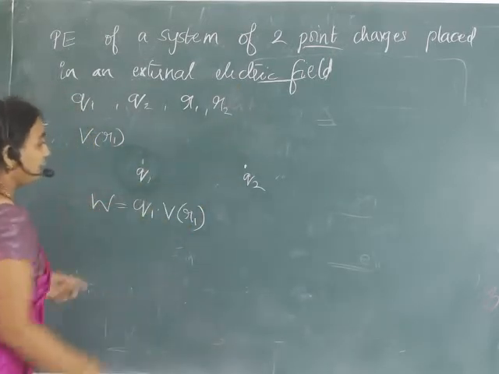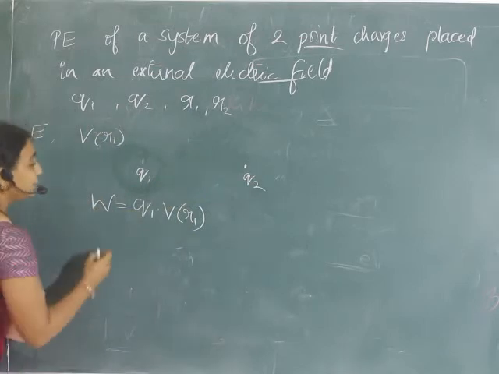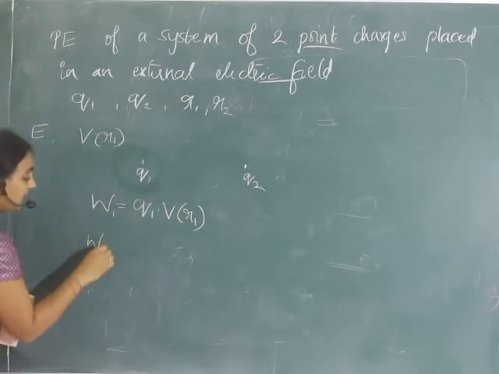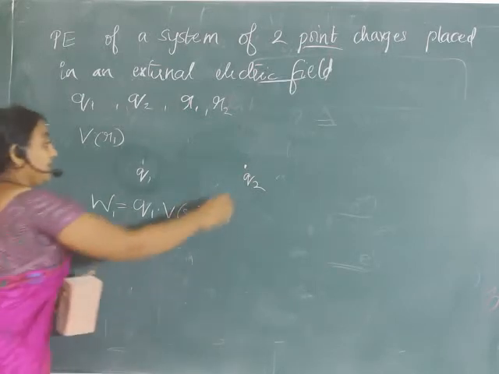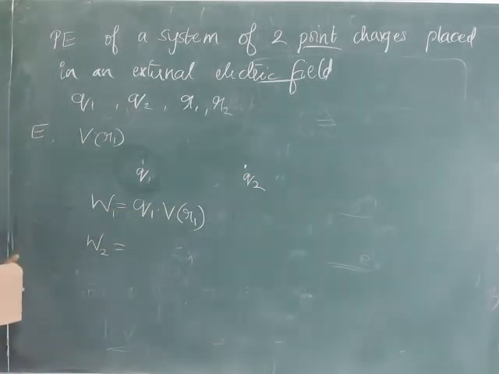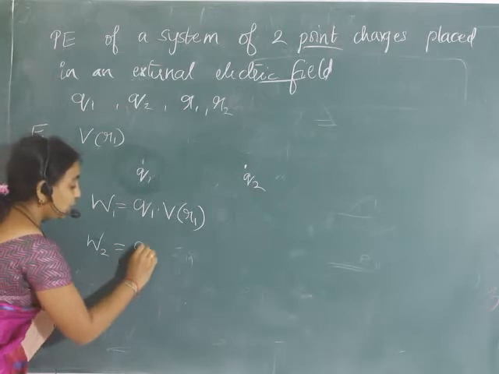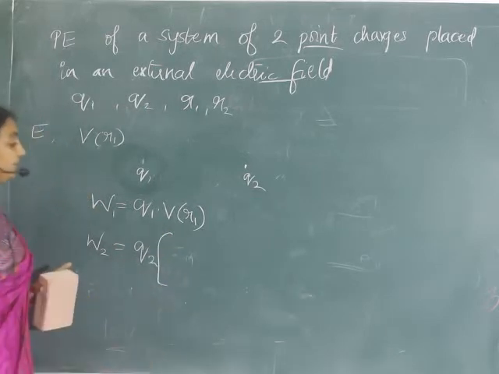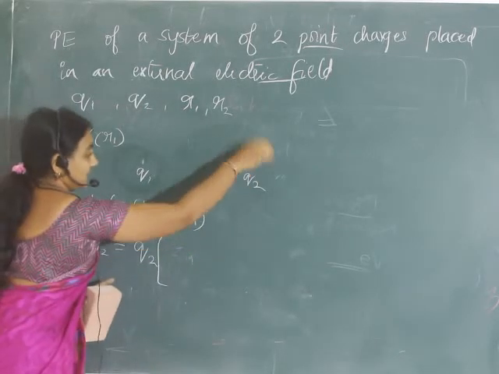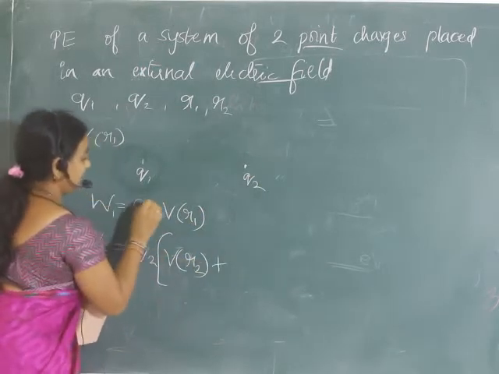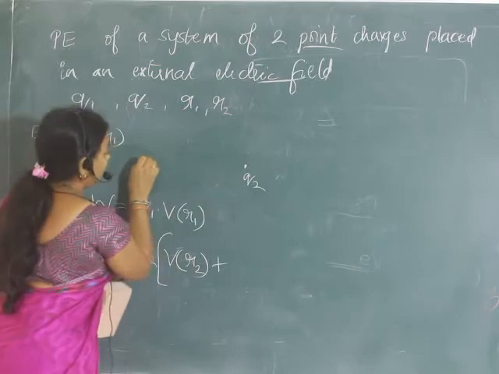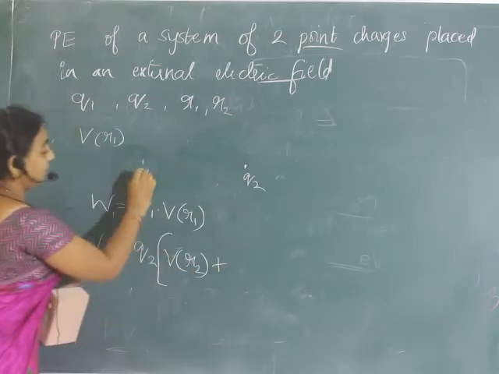So the work done in bringing the charge Q2 from infinity and placing it at the position vector R2 is Q2 into the external V of R2 plus the potential due to Q1.